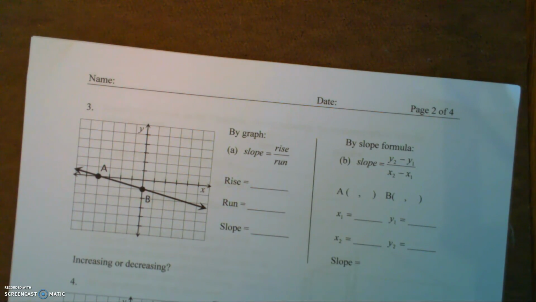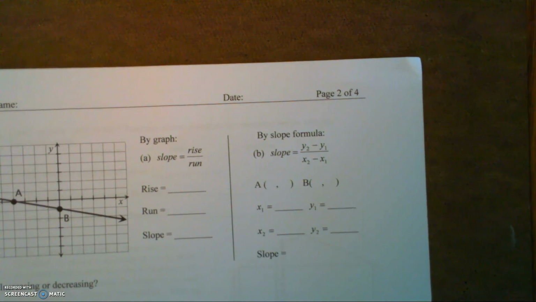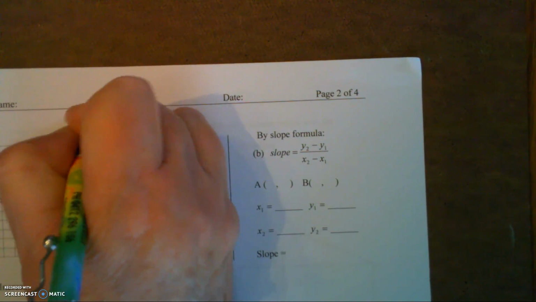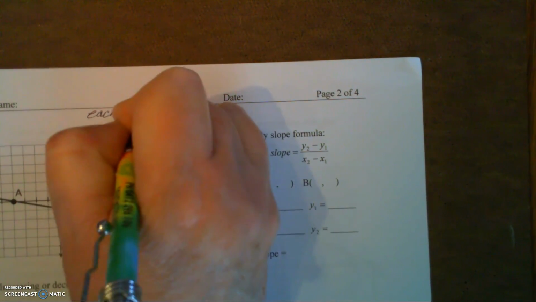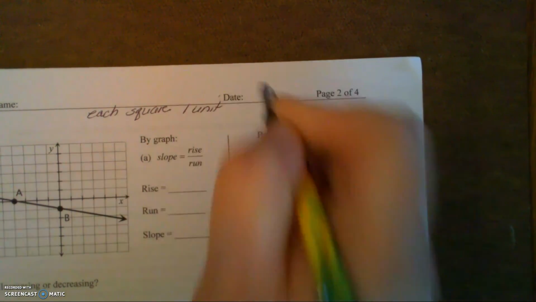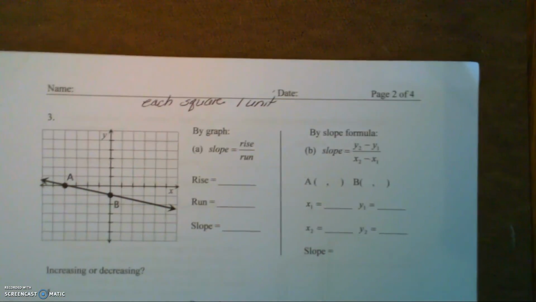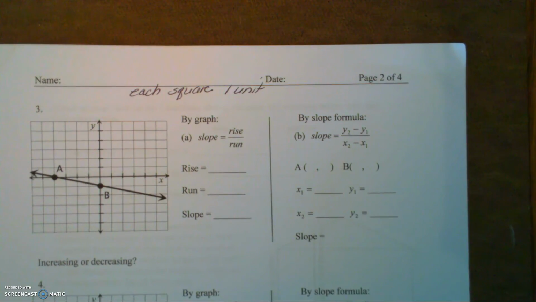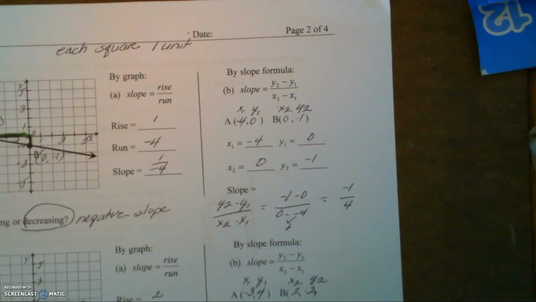So again, each square is going to be 1 unit. Okay? So that makes it a little bit easier to really see everything. I'm going to give you a minute to do this page on your own, and then you can restart it and check the work.